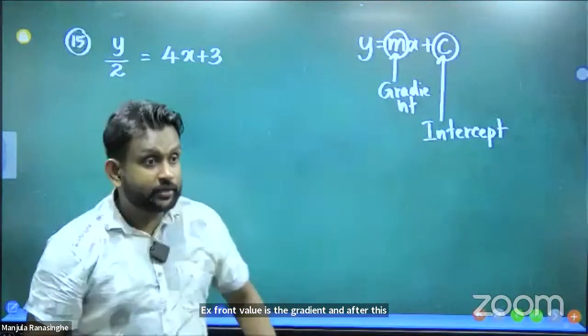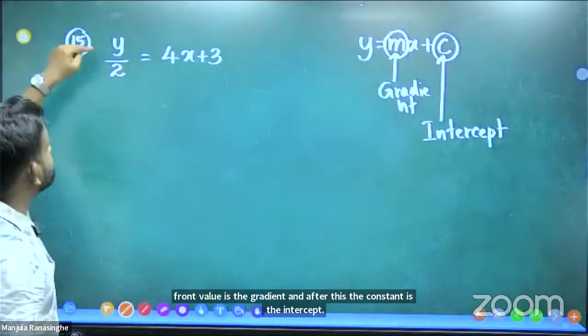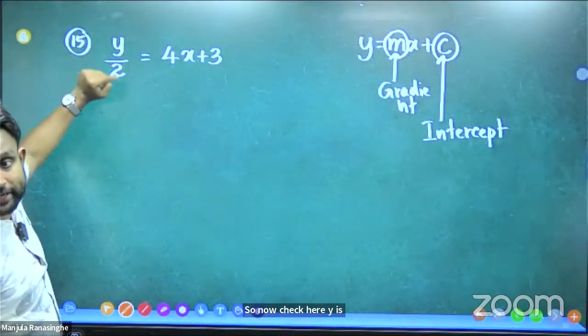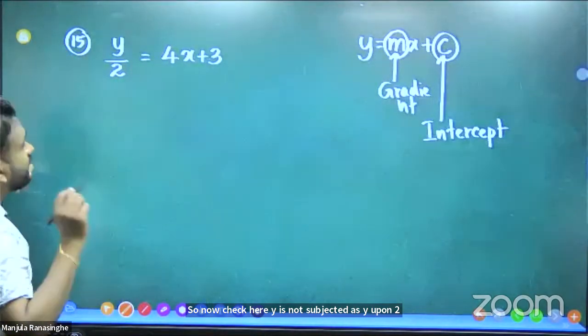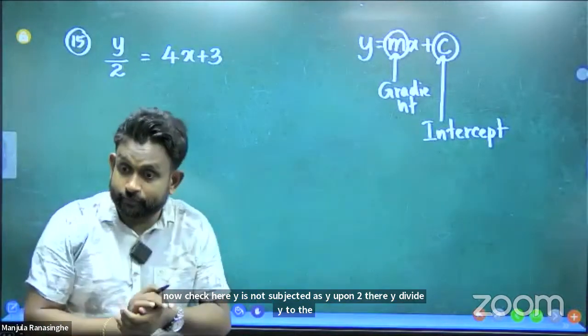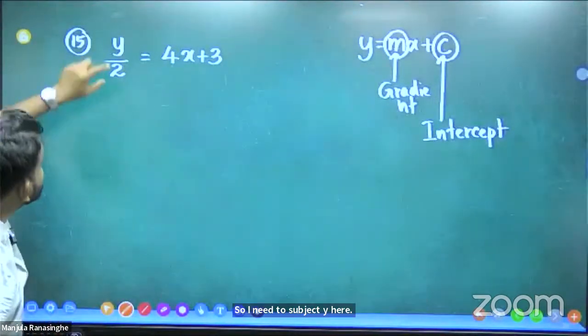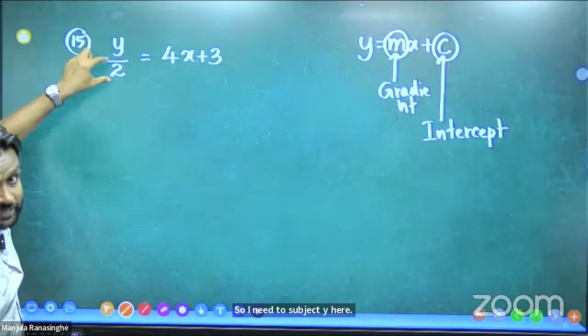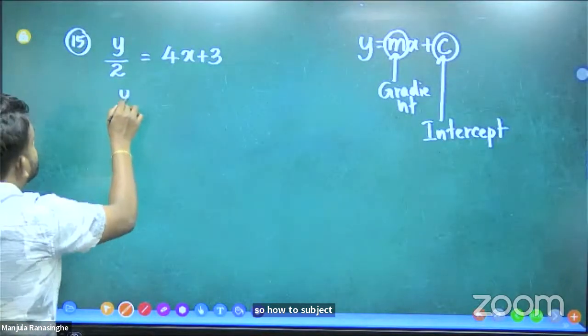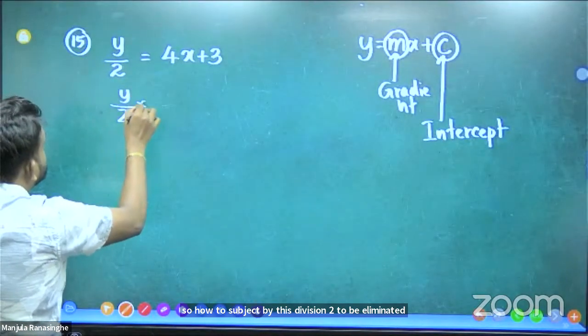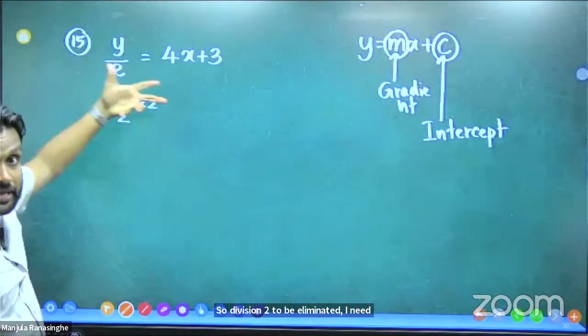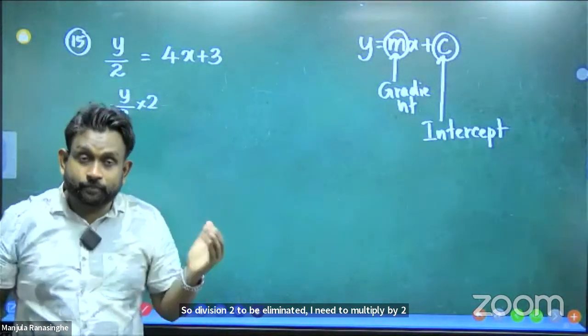So now check. Here y is not the subject; it is y divided by 2. So I need to make y the subject. How? This division by 2 has to be eliminated, so I need to multiply by 2, but it's not allowed to multiply only a certain term.